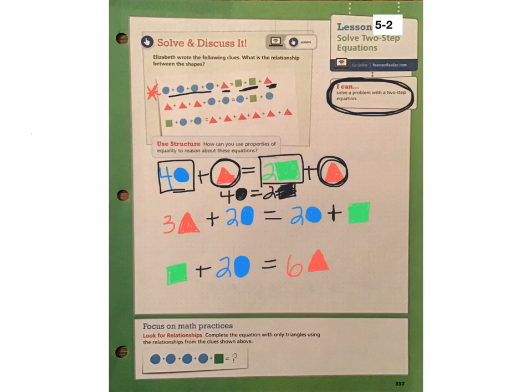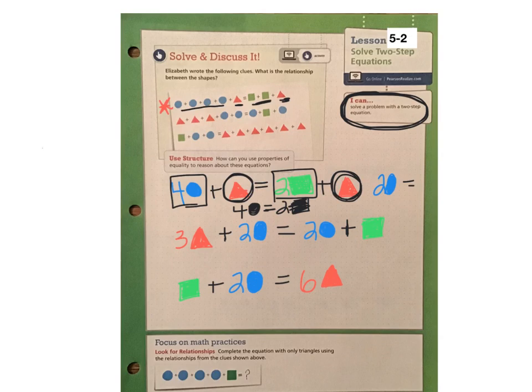Okay? Well, if 4 circles equals 2 squares, then how many circles equal 1 square? Well, since all the circles have to represent the same thing, then what we end up with is 2 circles is going to be equal to 1 square.